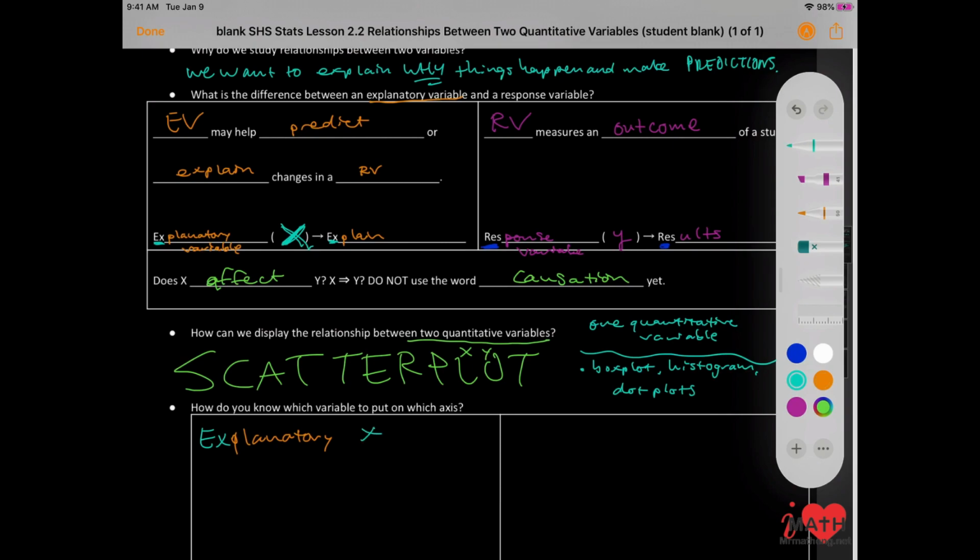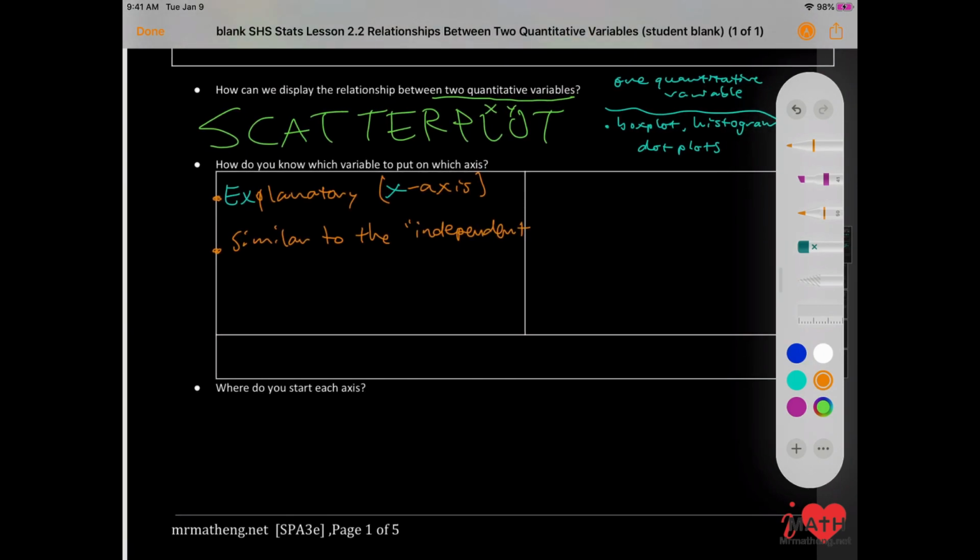On the x-axis. And this is similar to the independent variable in algebra.